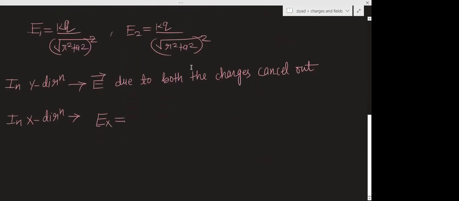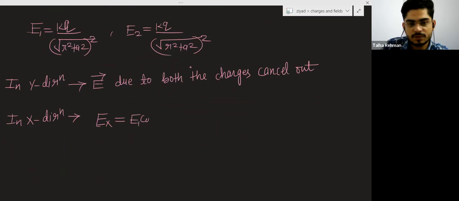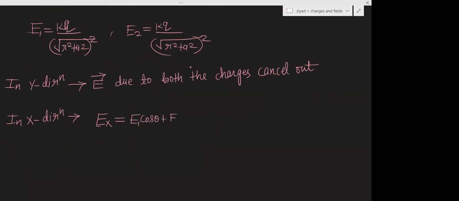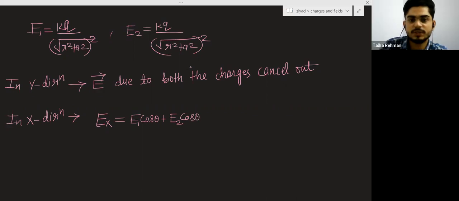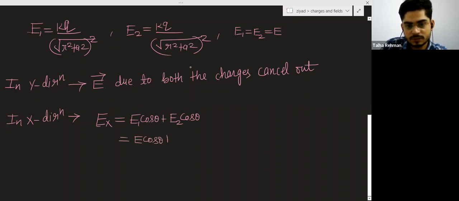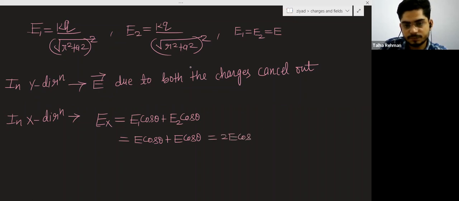Here E1 is equal to E2, both are equal, and I am supposing this as E. So instead of E1 I write E cos theta, and here also E cos theta. So this will become 2E cos theta. So net electric field in X direction is this, and net electric field in Y direction is 0.